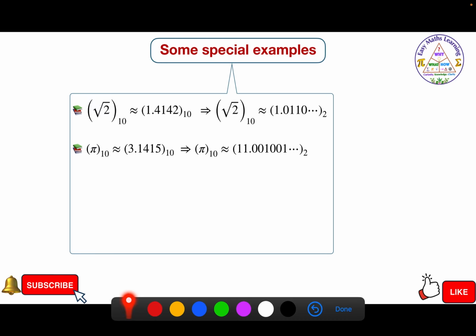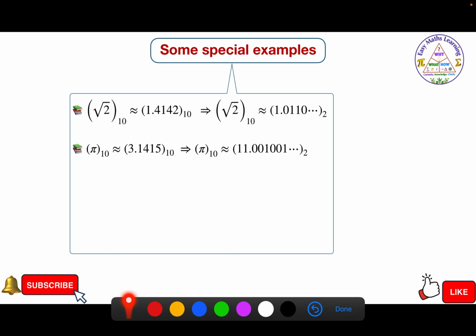Okay, second example is pi. Pi is approximately equal to 3.1415. Okay, in decimal form we are writing here with base 10. In binary it becomes approximately 11.001001 and so on. Okay, so again it is an infinite repeating pattern. You can see here 0.001 001 001 001.